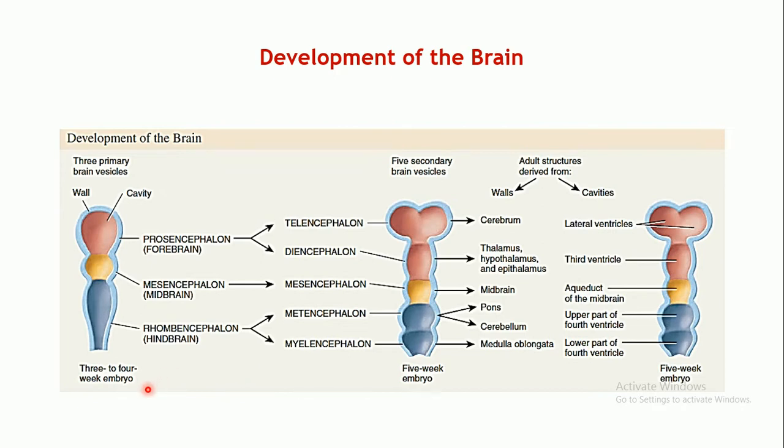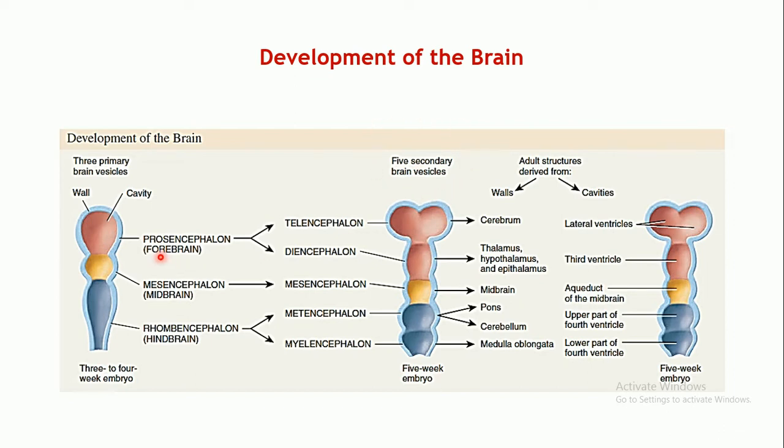As you can see, as the embryo grows, that is a 5-week embryo if you consider, the vesicles have now developed into 5 secondary vesicles. So these were the 3 primary brain vesicles which have now differentiated into 5 secondary brain vesicles.